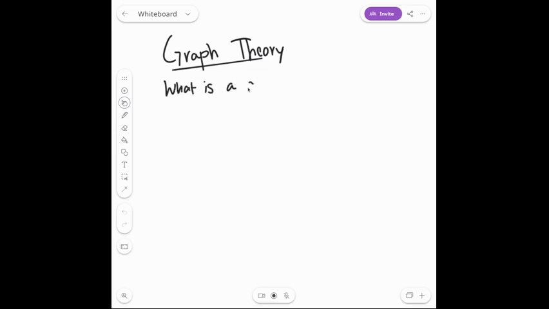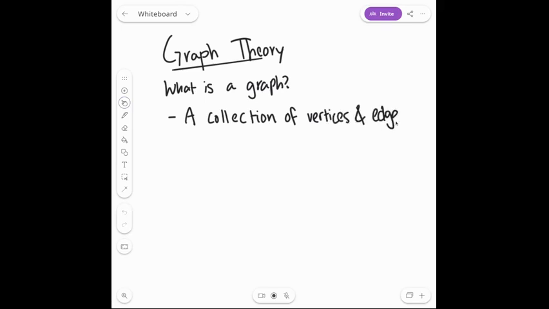And a graph, simply put, is a collection of vertices and edges. But what are vertices and edges?